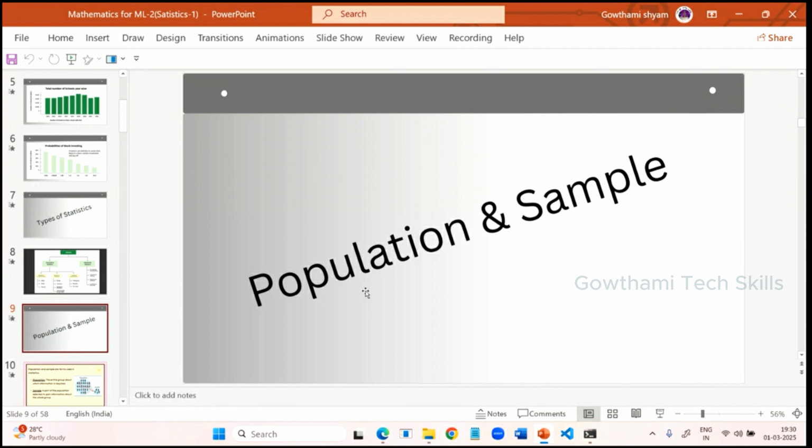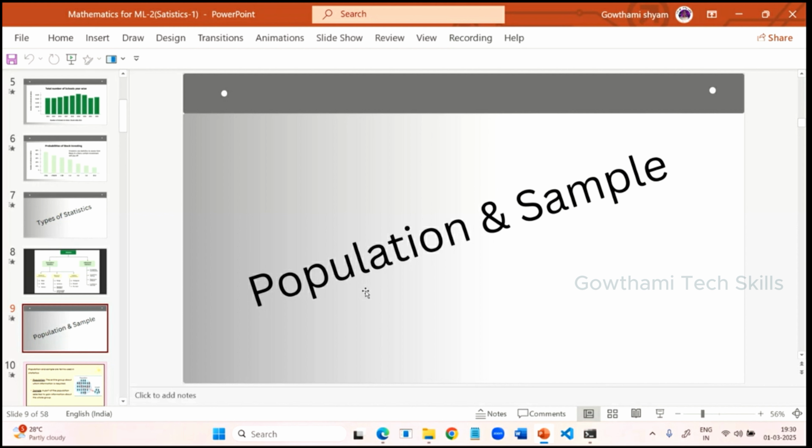Okay. For example, if you are having 1,000 data points, is it very simple to calculate any kind of operation? Is it possible to perform operations on 1,000 points? It will take a long time for us. So to reduce the time, what we will do, we'll just take a few points and perform the operations you want.